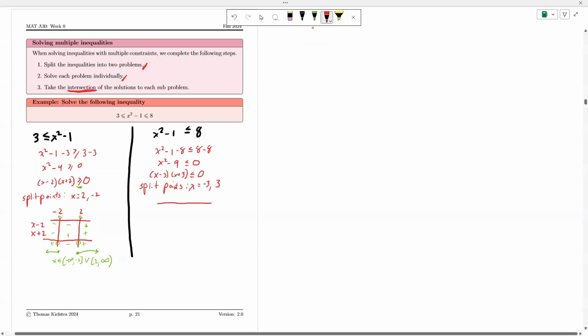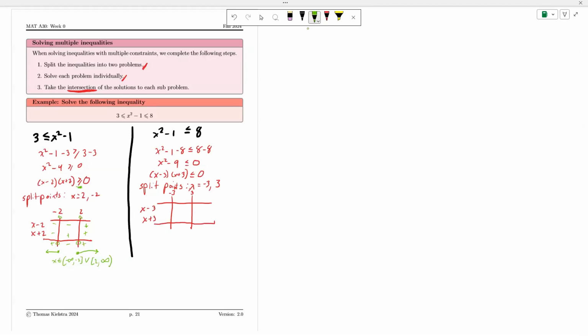Again, I'm going to draw a sign chart about the points minus 3 and 3. And our factors are x minus 3, x plus 3. Completing the sign chart, we get positive, negative, negative, positive, positive, negative.